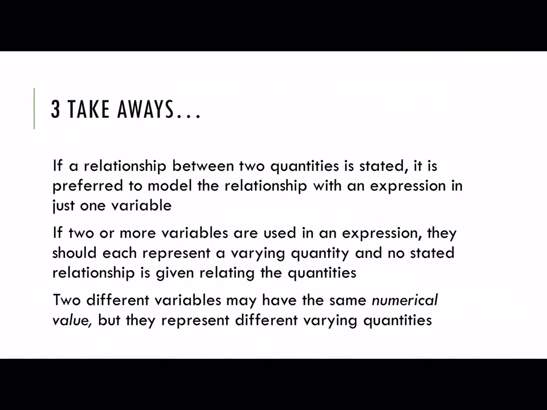The third is 2 different variables may have the same numerical value, but they represent different varying quantities. So it's like the debate between should y equal 3 apples and x equal 3 apples? Well, they're different, so we don't want to consider that as much.